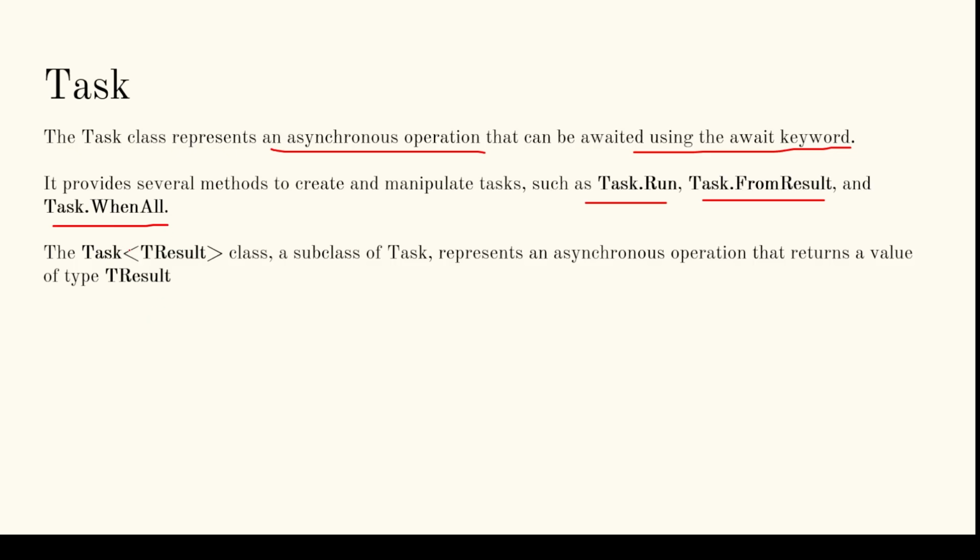The task is a generic class, so we can pass the type like this. So this can be any object. So this is a class, a subclass of task, represents an asynchronous operation that returns a value of type TResult. So let's go back to the Visual Studio and understand the task class.